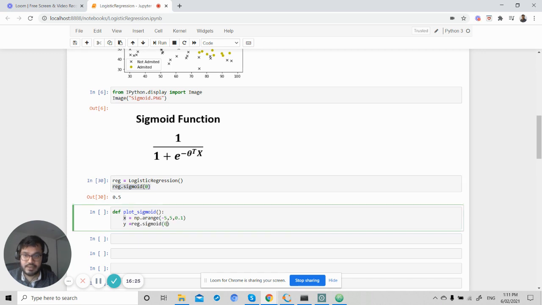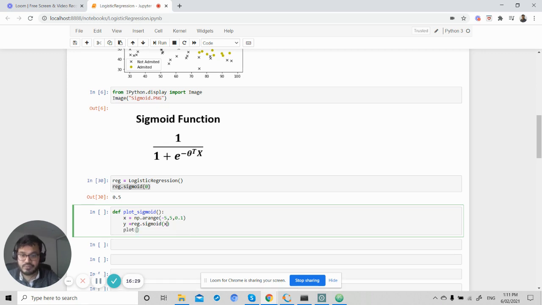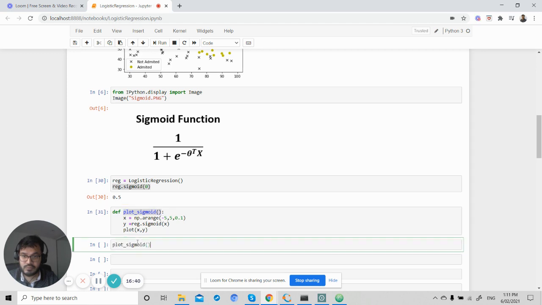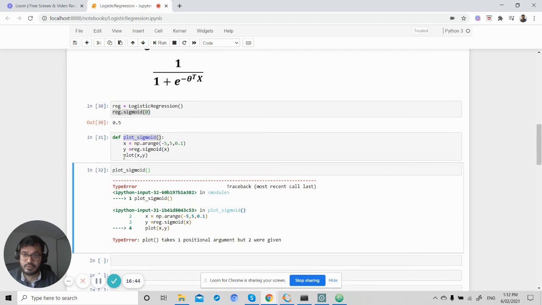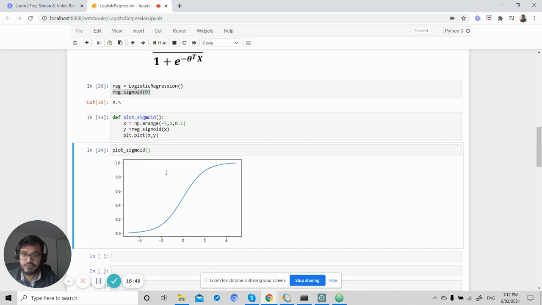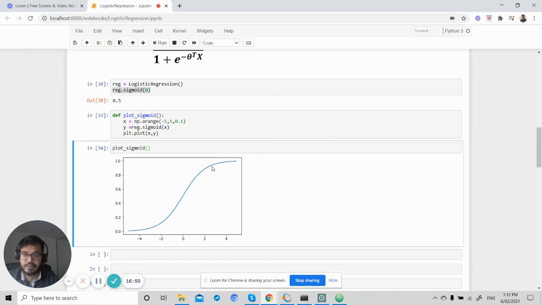So this will be my y. Let's do a plot of x comma y. This will be plt dot plot. So yeah, we can see that it's showing something similar to the one that I have shown you.